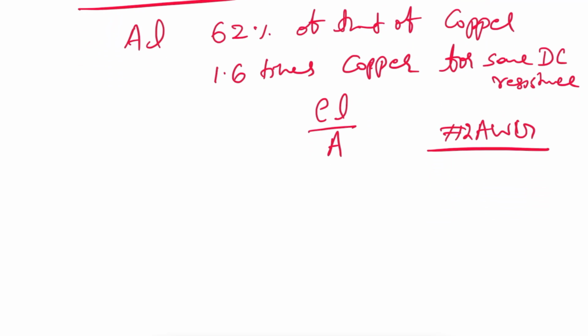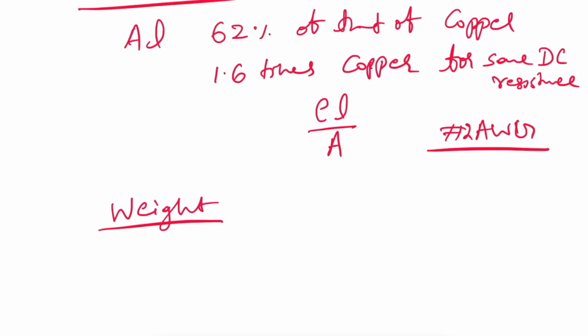Next is weight. The density of aluminum is low, therefore the aluminum weight is lesser than that of the copper.